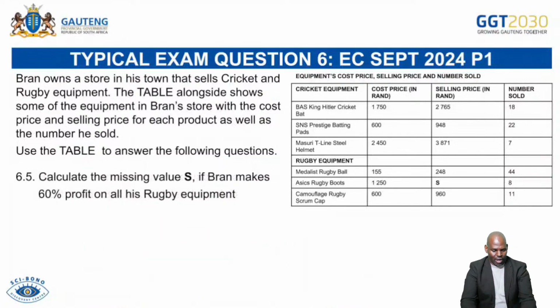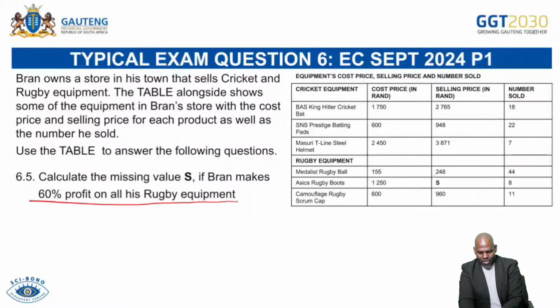Then number 6.5, calculate the missing value S. So if Brand makes 60% profit on all his rugby equipment. Okay, that is number 6.5. The value of letter S in this case represents what? A selling price.